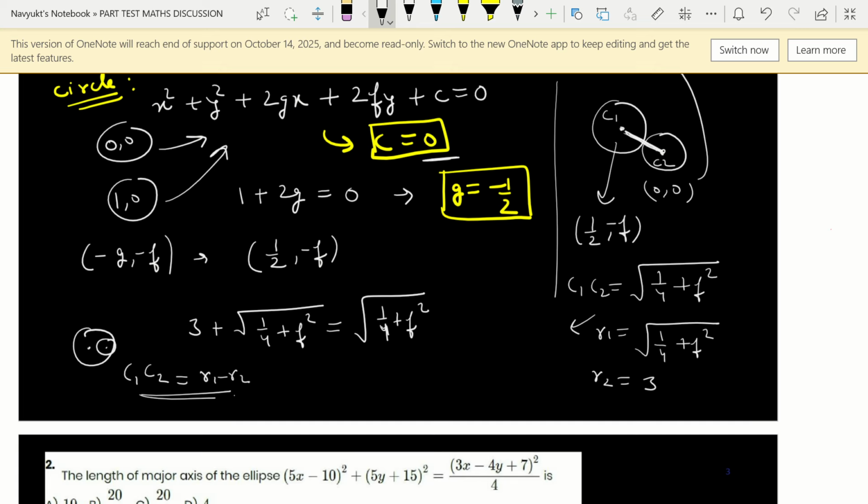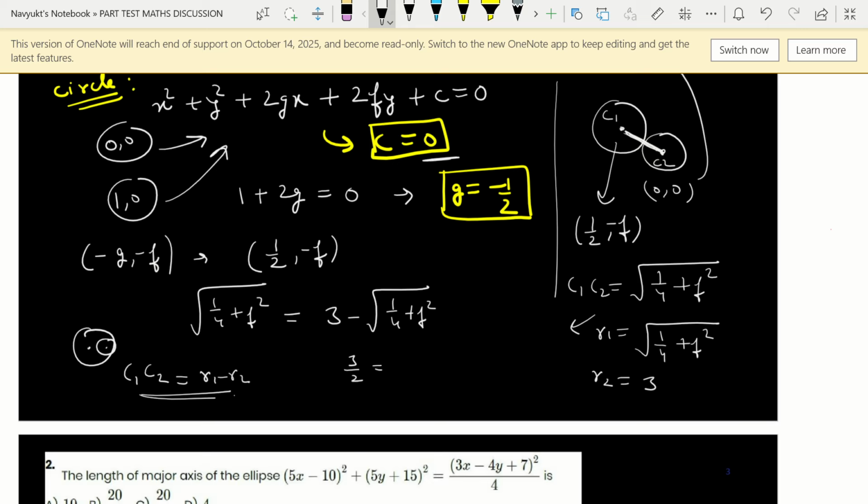So by using this, the actual case, not the one we have written, is root of 1 by 4 plus f square should be 3 minus root of 1 by 4 plus f square, which gives us, when we send this to the other side, twice of this, so 3 by 2 equals to root of 1 by 4 plus f square. We'll square, it will become 9 by 4, and finally 9 by 4 minus 1 by 4 equals to f square.